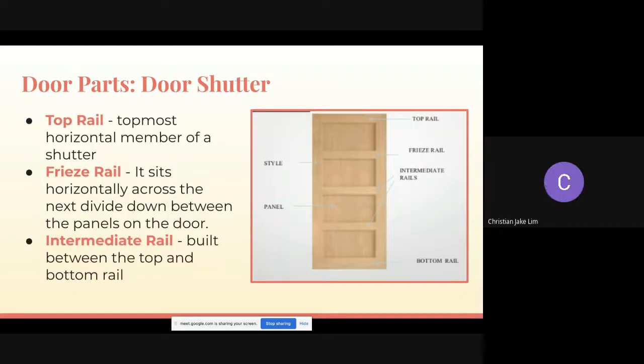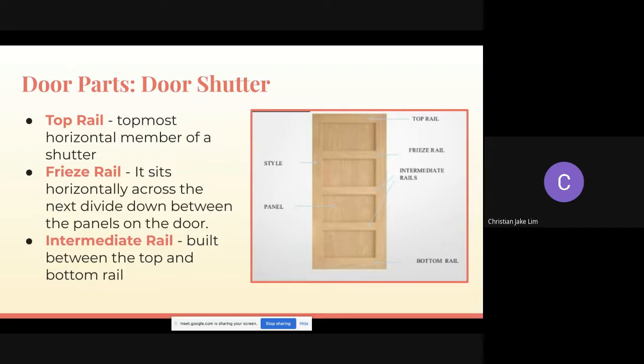Next, we have the door shutter, and it has its own specific parts as well. The first one is the top rail. It's like the head in the door frame, which is the topmost horizontal member of a shutter. Then the frieze rail, it sits horizontally across the next divide down between the panels on the door.